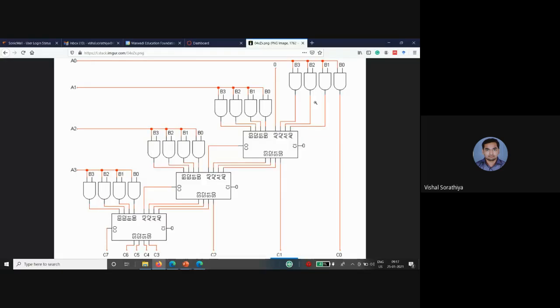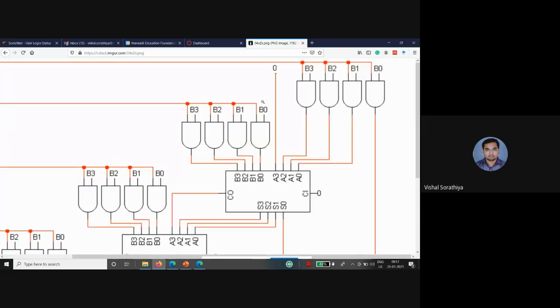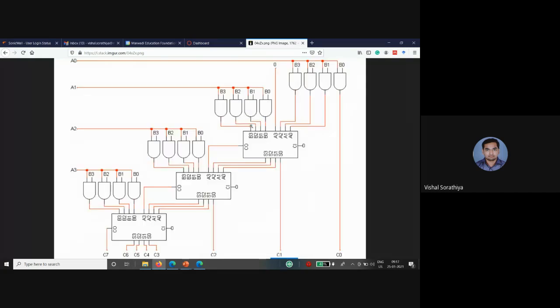So you can say this B0, whatever the multiplication done over here, is your first answer C0, while the rest of the 3 bits are going to pass with the addition of which number? Addition of the next multiplication number. And the next multiplication number is your second digit getting multiplied with all the 4 digits, and the answer is going to be added over here.